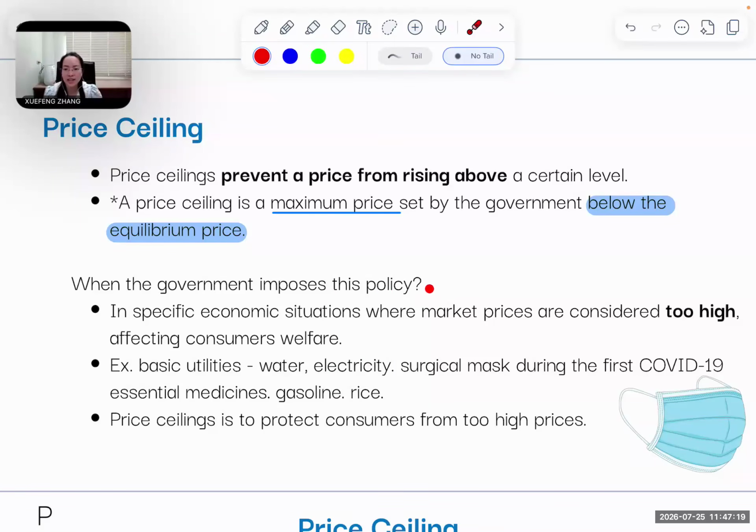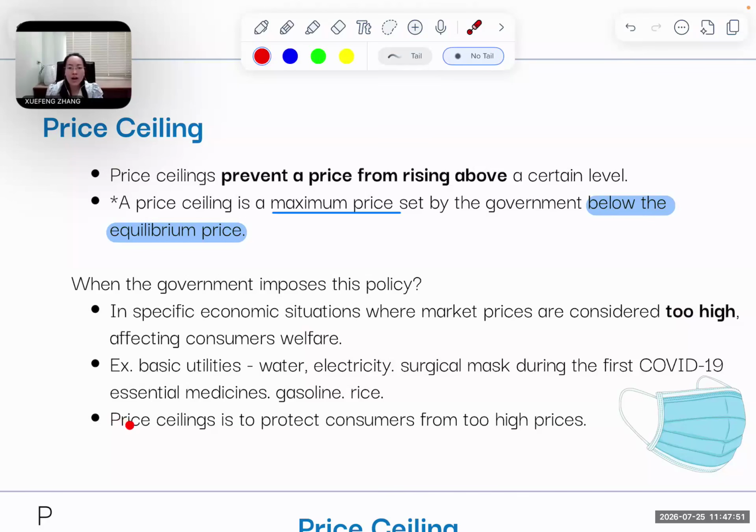When a price is politically or socially seen as too high, hurting people's ability to afford essentials, like our textbook examples: the surgical mask at the start of the COVID, the gasoline, rice, the basic utilities.